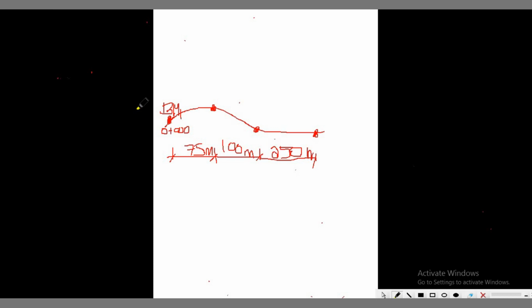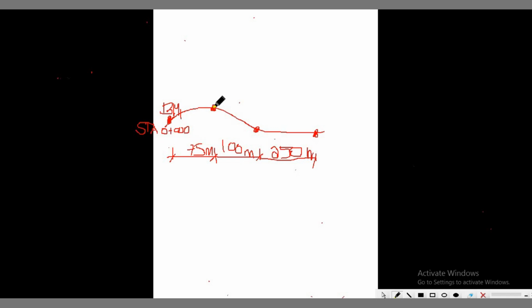For English, it is 0 plus 00. We will use metric. So, this is station 0 plus 000.